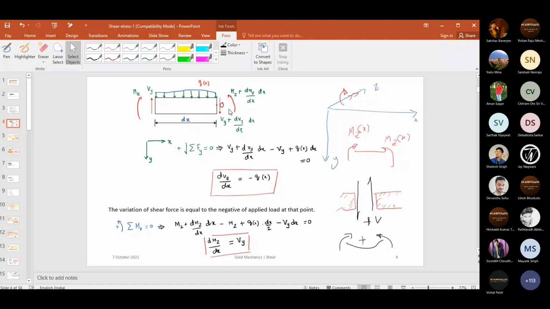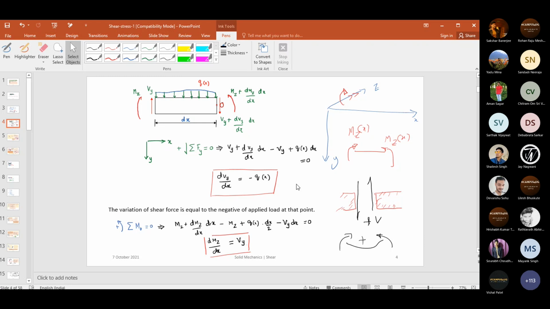I will take moments about O. Now whether this will be in equilibrium or not, you just check. If it is not in equilibrium, then you will have a problem. So Mz plus dMz by dx into dx minus Mz, then this qx into dx by 2.